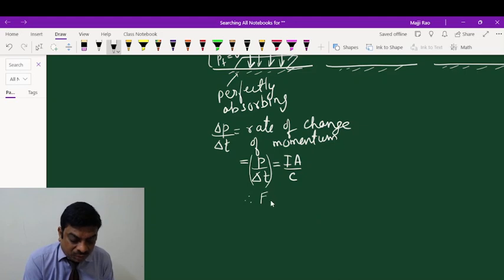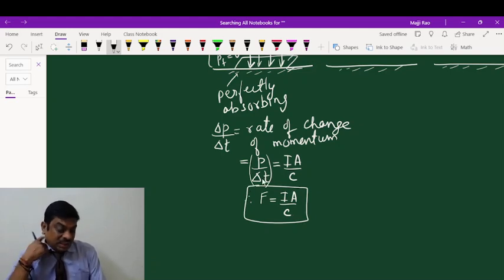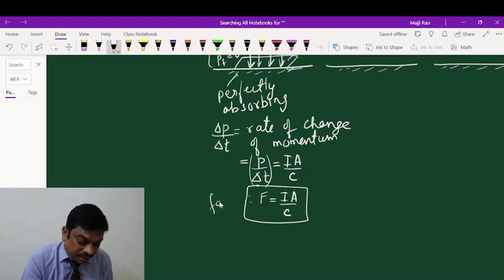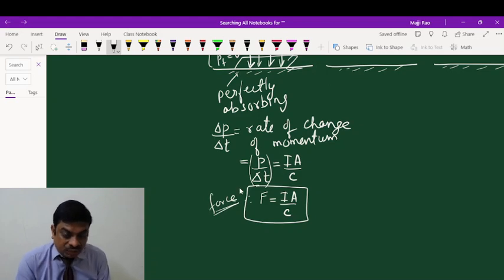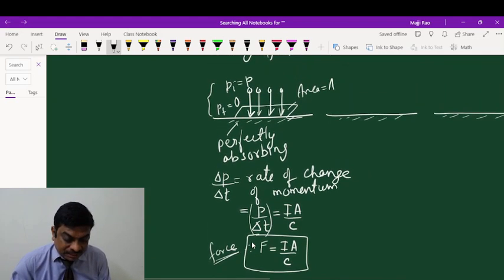So therefore, the force exerted by all the photons striking the surface is this I A by C. You can see force is normal to the surface.